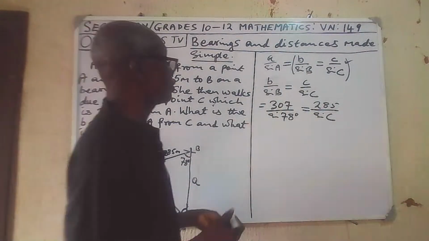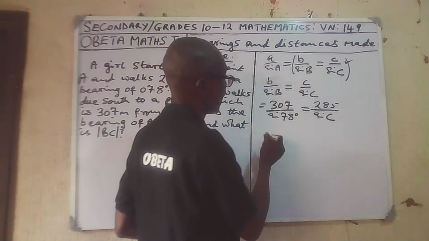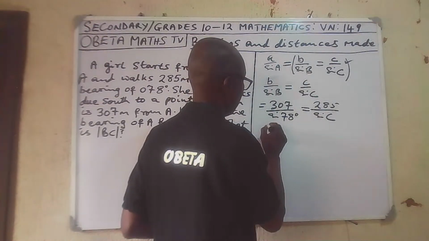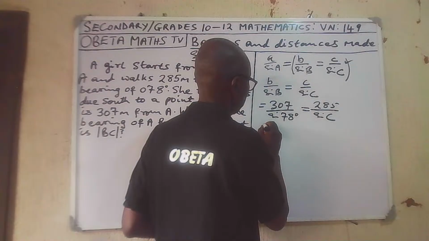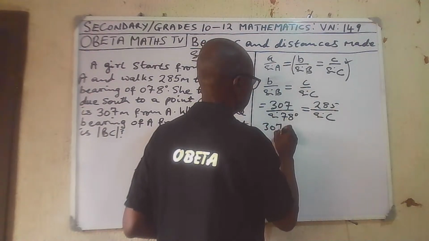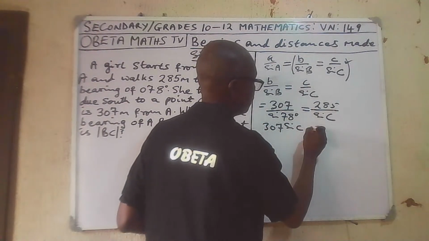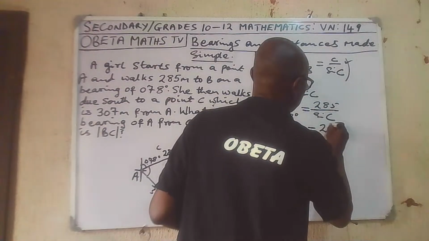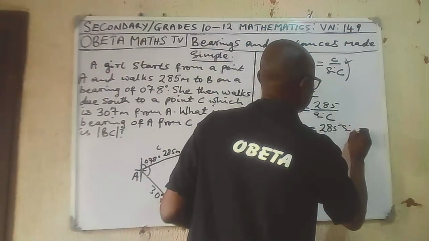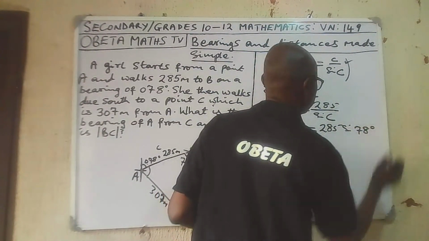So in continuation, we cross multiply, and that means that 307 sine C is equal to 285 sine 78 degrees.